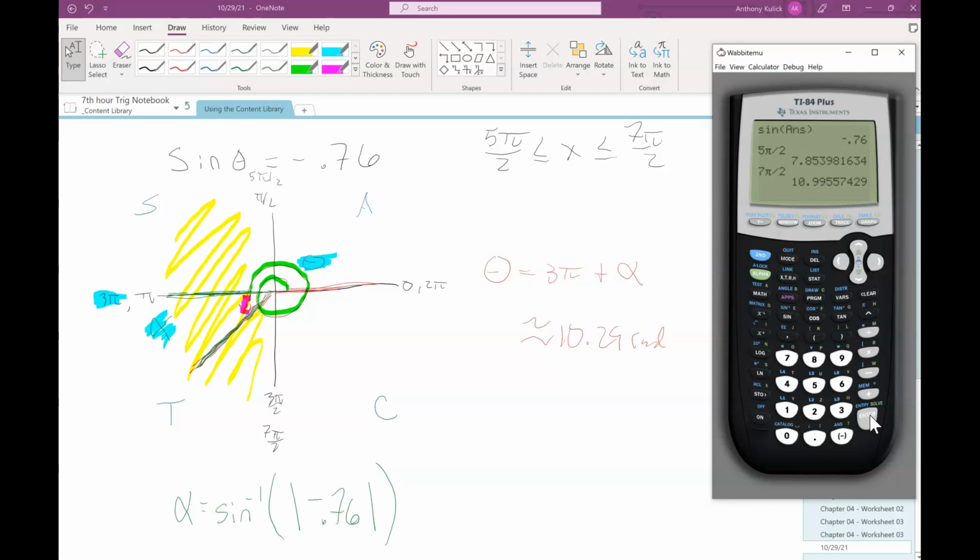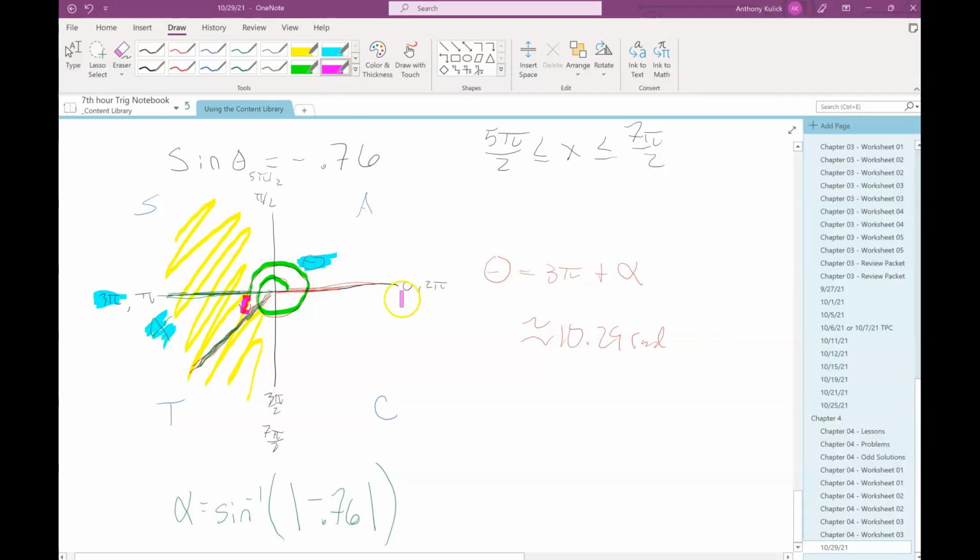So I drew these in. I just went 0, pi over 2, pi, 3 pi over 2, 2 pi, 5 pi over 2, 3 pi, 7 pi over 2. So whatever is at the end of my x-axis is going to be what the 3 pi is in the equation.